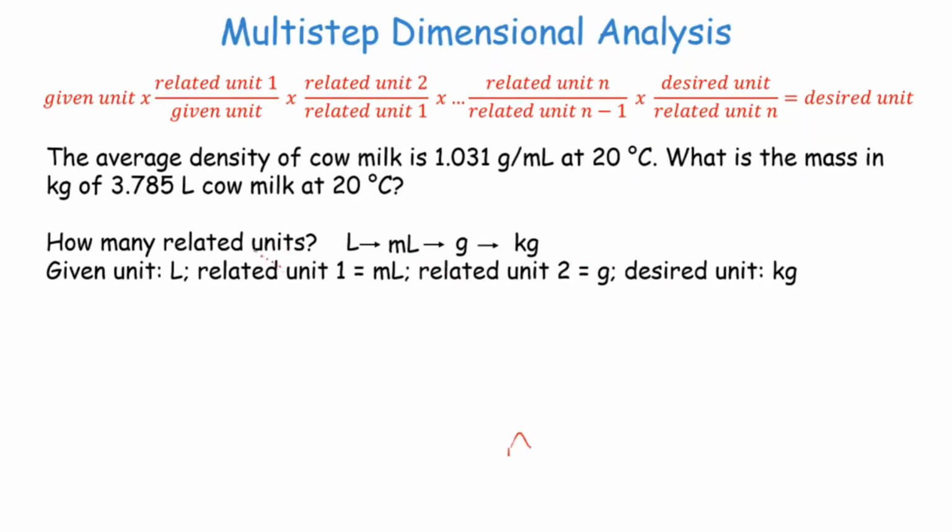We start with what is given. What is given is 3.785 liters. And first, we need to convert from liter to milliliters.